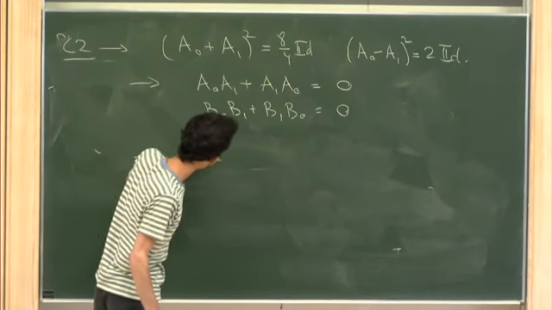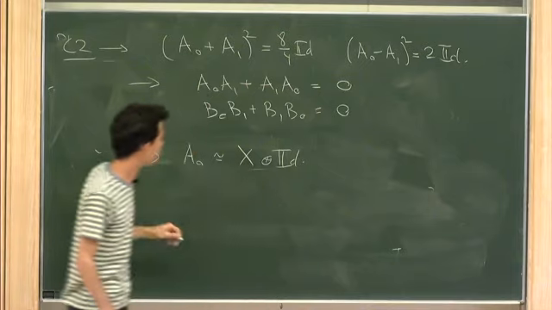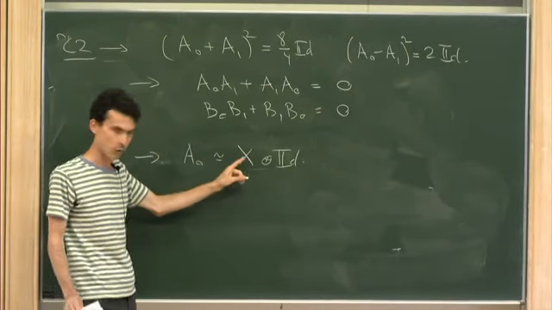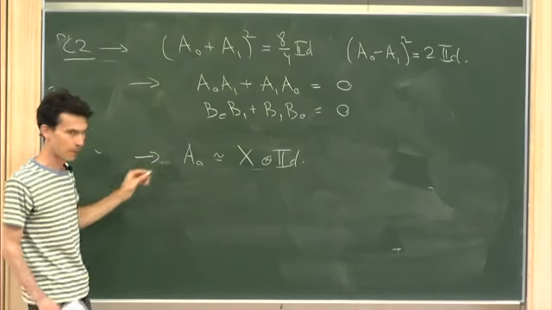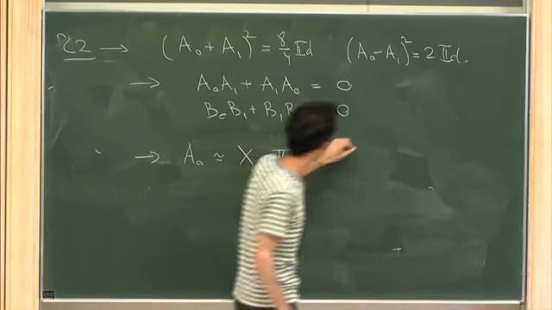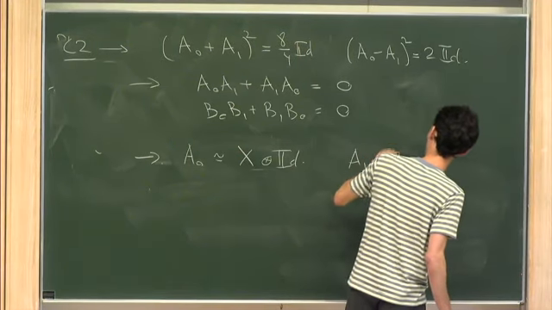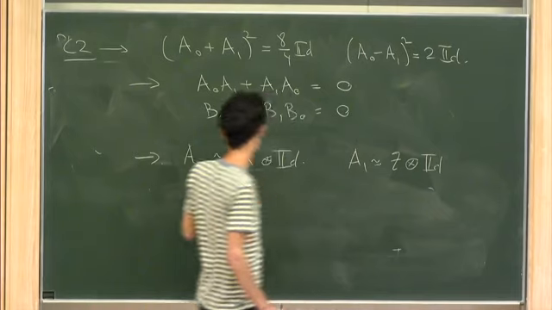So A0 must have the form of X tensored identity up to an isometry. This is Pauli X, dimension 2, so the whole space doesn't necessarily have even dimension, but up to some isometry I get this. A1 is exactly of the form Z tensored identity up to isometry.